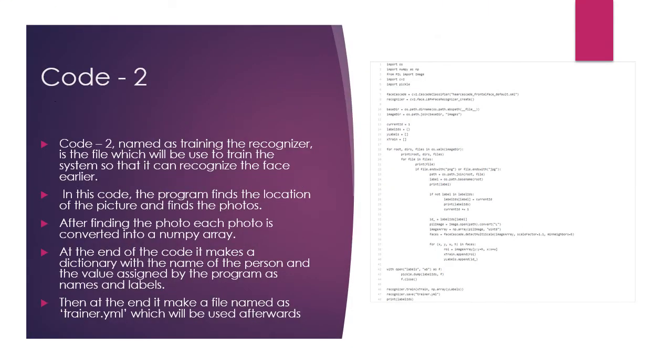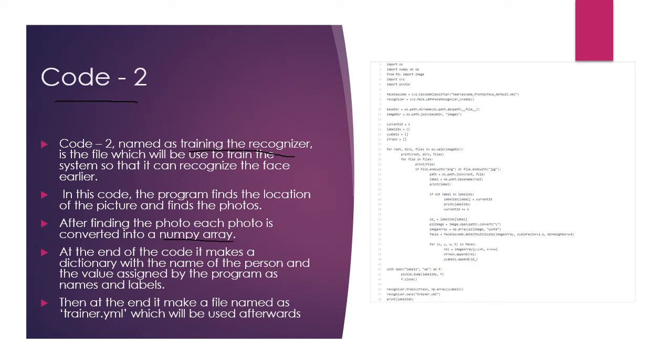In the second code, I have named it training the recognizer. In this code, the system is trained to recognize the faces which were captured earlier. The program finds the location of the pictures and finds the faces. After finding the photo, each photo is converted into a NumPy array.